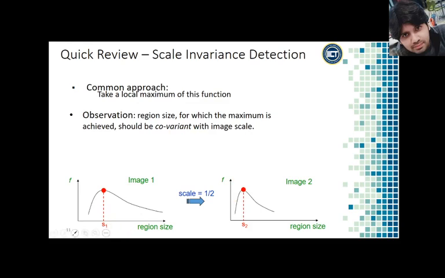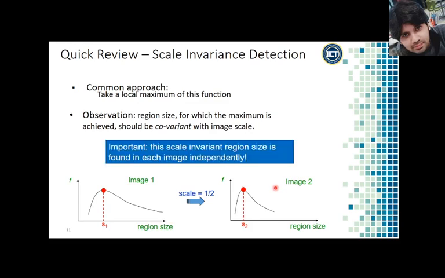So if the image scale is S1 here and the image scale is S2 here, the maximum point which we have found for the region should be covariant with these image scales. Note that this scale invariant region size is found in each image independently. So you would find many such responses for different scales.